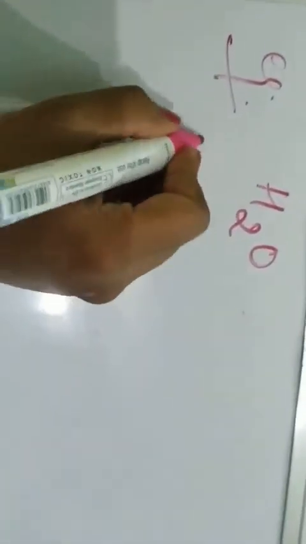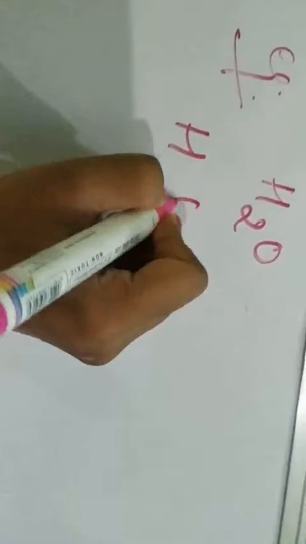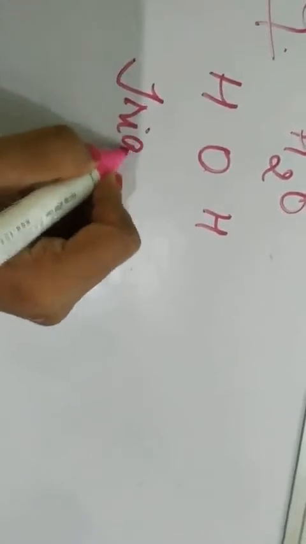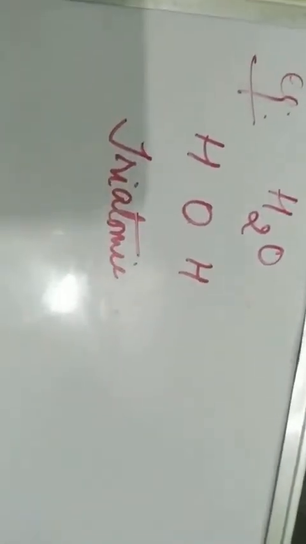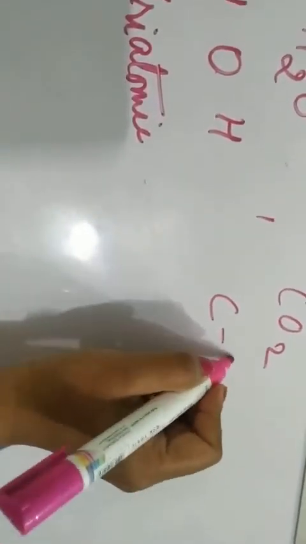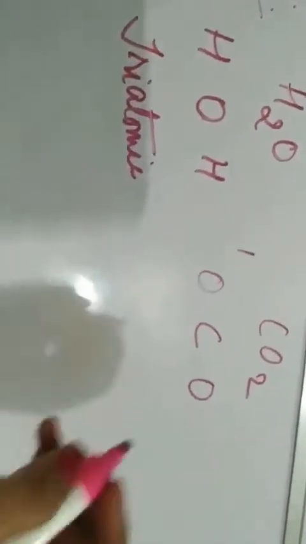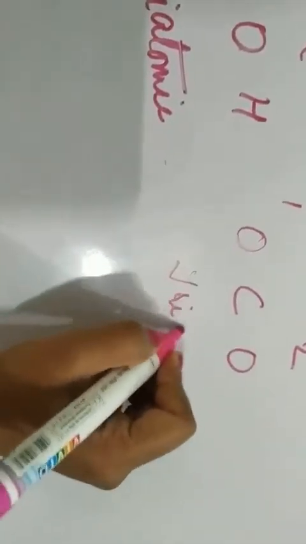For example, we have water. Here water is made of 2 hydrogen atoms and 1 oxygen atom, right? So what is the atomicity here? It is triatomic because it has 3 atoms. Similarly, carbon dioxide has 2 oxygen and 1 carbon, so it is also triatomic.